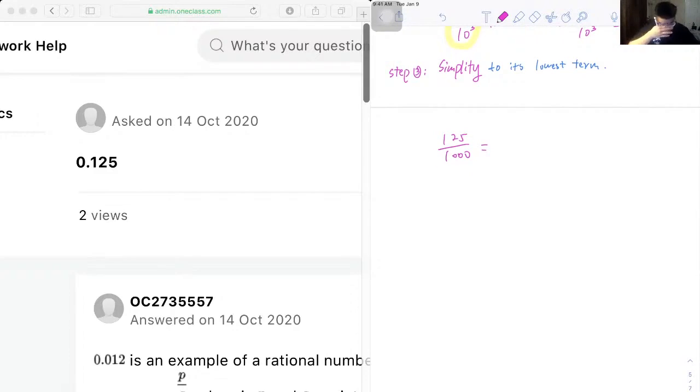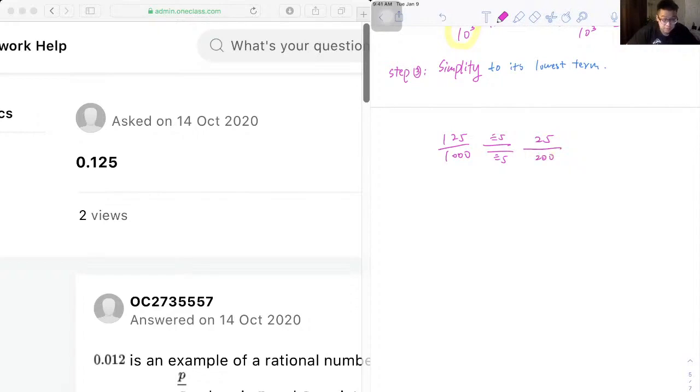We know that both numerator and denominator end with a 5 or a 0, so that means it can at least be divided by 5. So let's try that. Let's divide by 5, divide by 5. So it gave us 25 over 200.